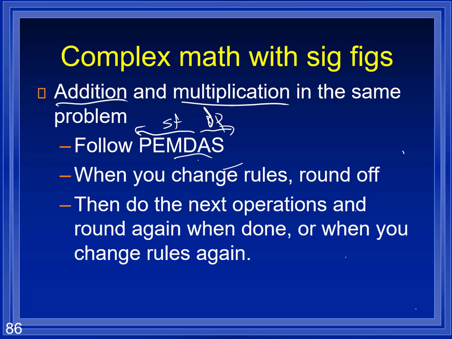So you do the first one, you round off, then you do the next set of operations until the sig fig rules change, and then you round again. Or you round when you're done. So let's try a couple of those.